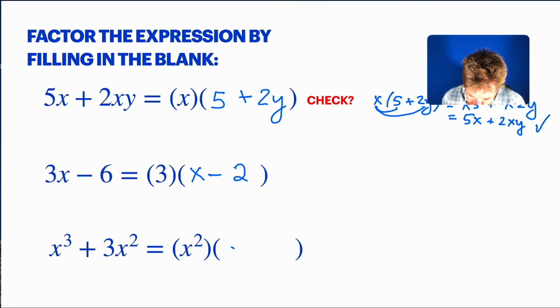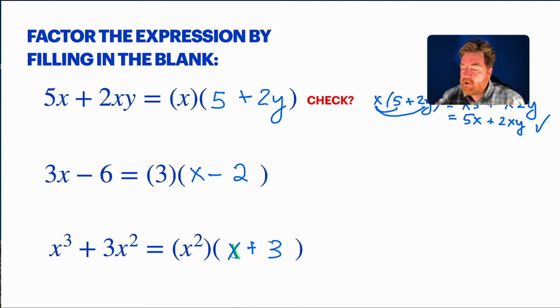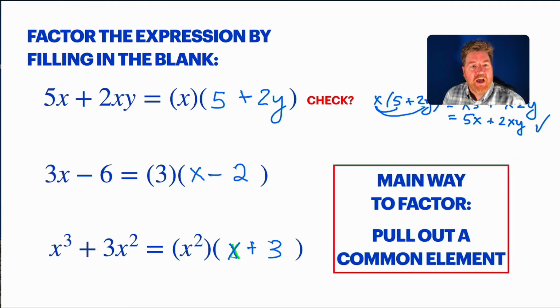You got it. x. We just need one more x. Plus, and then what do we need out of that second term that we haven't already accounted for with the x squared? Good, just the 3. If you want to check it, multiply it back through, you're going to end up with the original. Beautiful job.